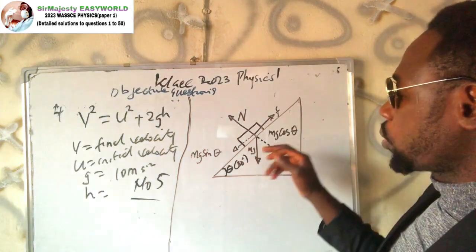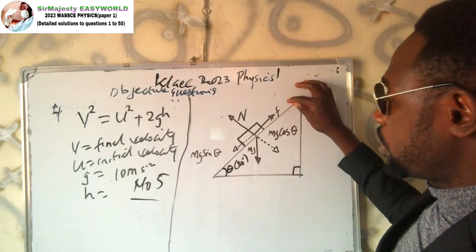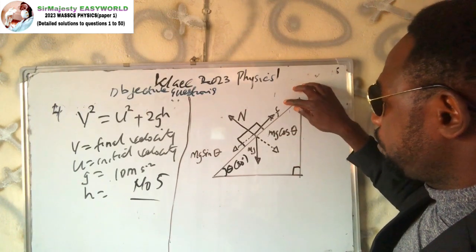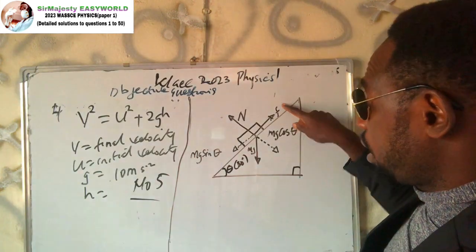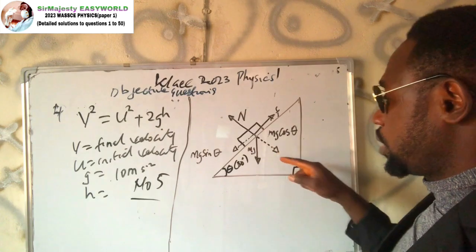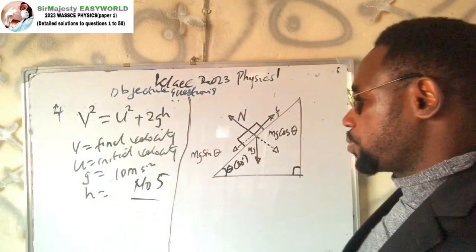So the total force acting should be equal to the gravitational component that is parallel to the inclined plane, and then the perpendicular, which is the frictional force. So we will add up these two and get it.